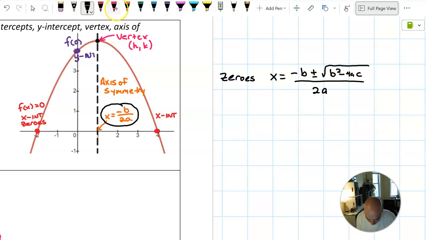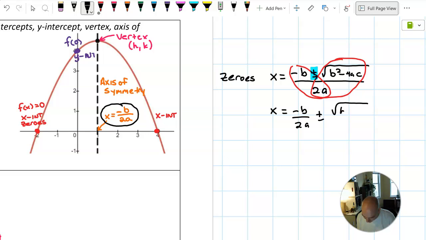But another thing that we've learned in our class is that if you have a fraction with a single term on the bottom, but two terms on the top separated with a plus or minus, you can split that fraction up. And then you can see that the zeros actually occur at x equals negative b over 2a plus or minus this thing over 2a.